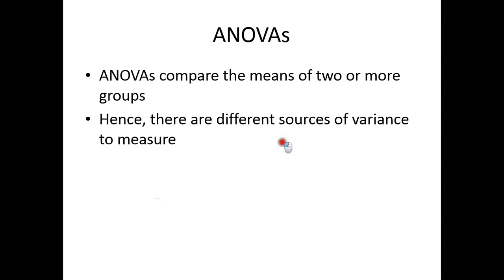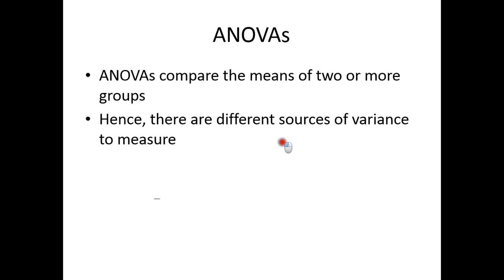So there are different sources of variance that can be measured. You can divide the total variance up into the variance within each of the three groups of the categorical IV and the variance between each of the three groups. The variance within each group is considered the background variance, or the variance that's due to nuisance variables.